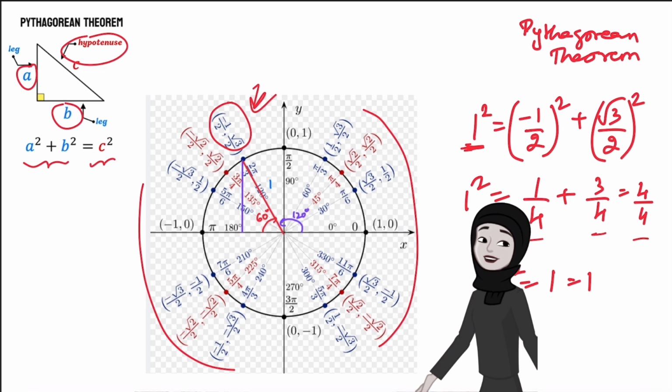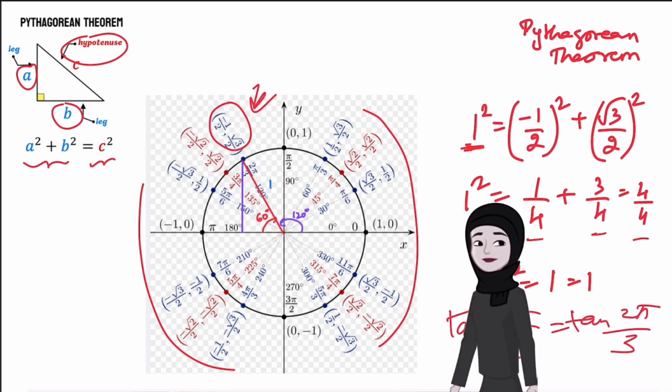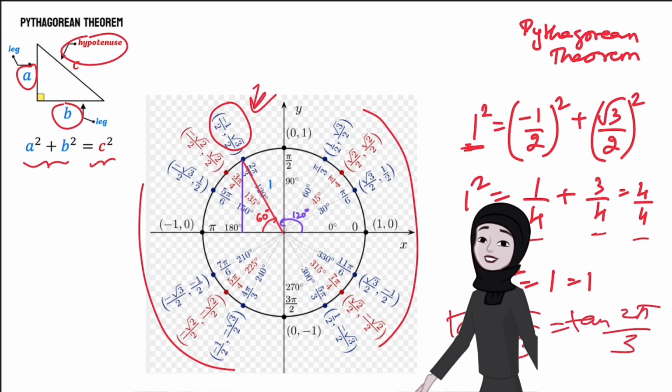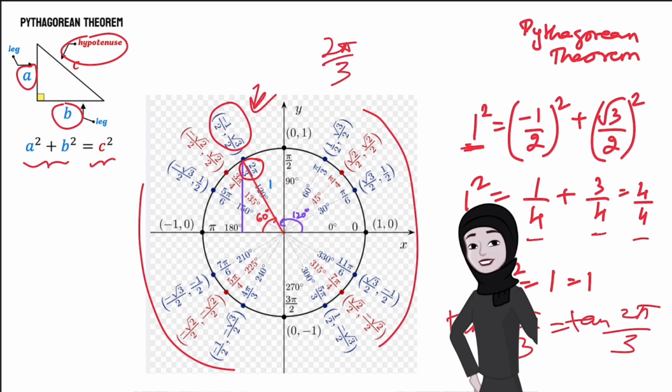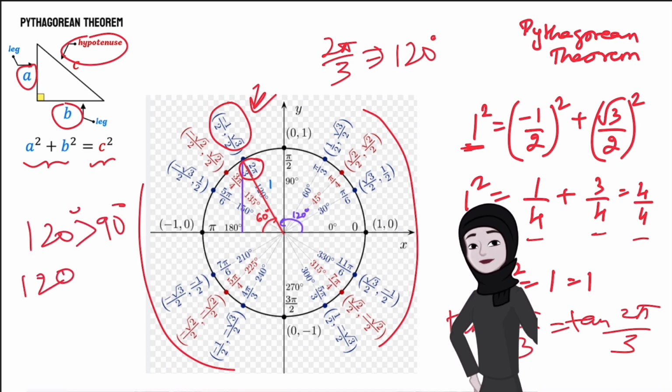So in other words, as I said, tan 92π/3 is equal to tan 2π/3. Now what is this 2π/3? If you observe in the diagram, here is where you have 2π/3. It is, in terms of degrees, 120 degrees. And 120 degrees is greater than 90 degrees and less than 180 degrees.